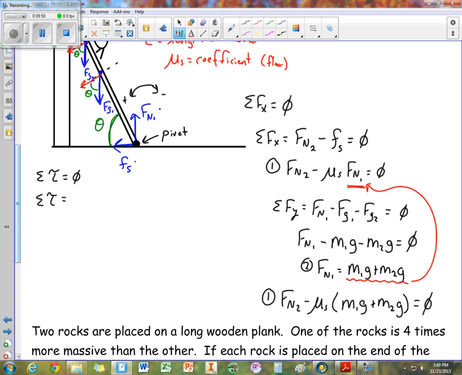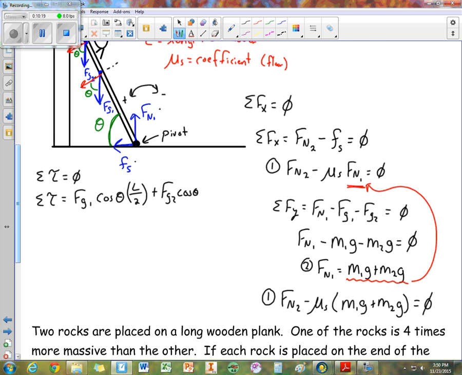So we've got Fg1, but to get its horizontal component, I have to use the cosine function. And the lever arm distance from here to here, for Fg1, is half the length of the ladder, plus Fg2 cosine theta.